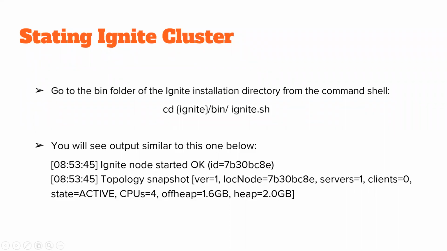Starting an Ignite cluster: you can start an Ignite cluster node from the command line using the default configuration or by passing a custom configuration file. You can start as many nodes as you like and they will all automatically discover each other. Go to the bin folder of the Ignite installation directory from the command shell.